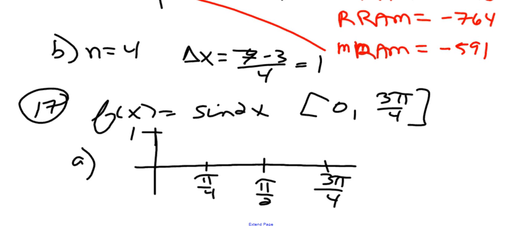If I draw our function, it should look like this. From here, we see that we have areas above and areas below. I'll use the calculator again for left, right, and midpoint.